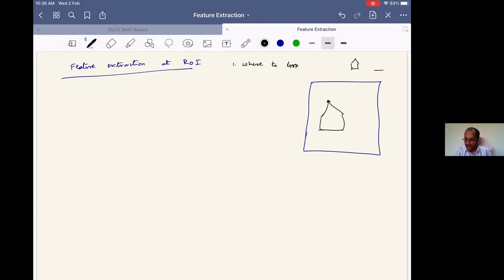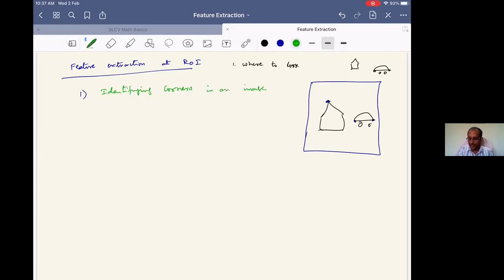Or if I have a car, I want to find out where the cars are. I may wish to find out the corners, and based on that, find out around which points I have to look for information. Correct? So in such cases, what is important is identifying the corners of an image.